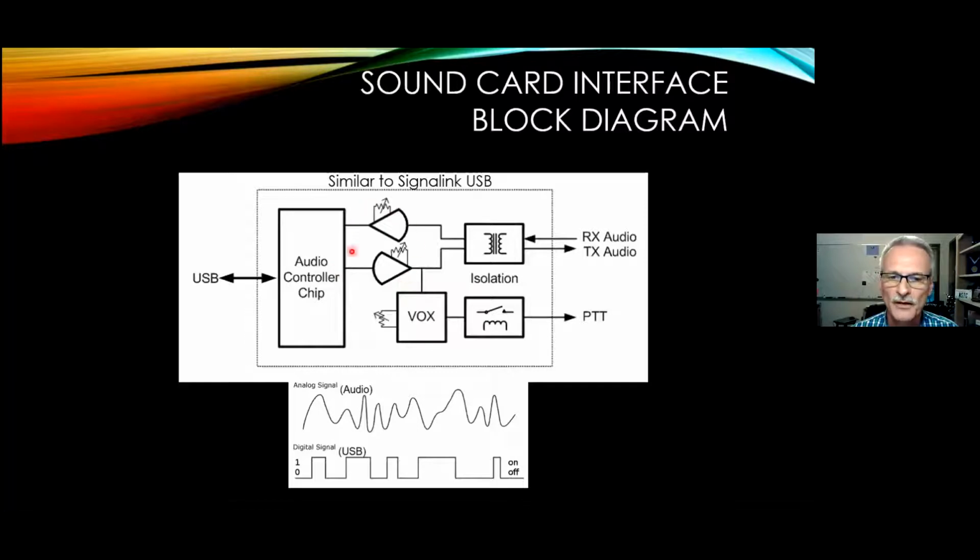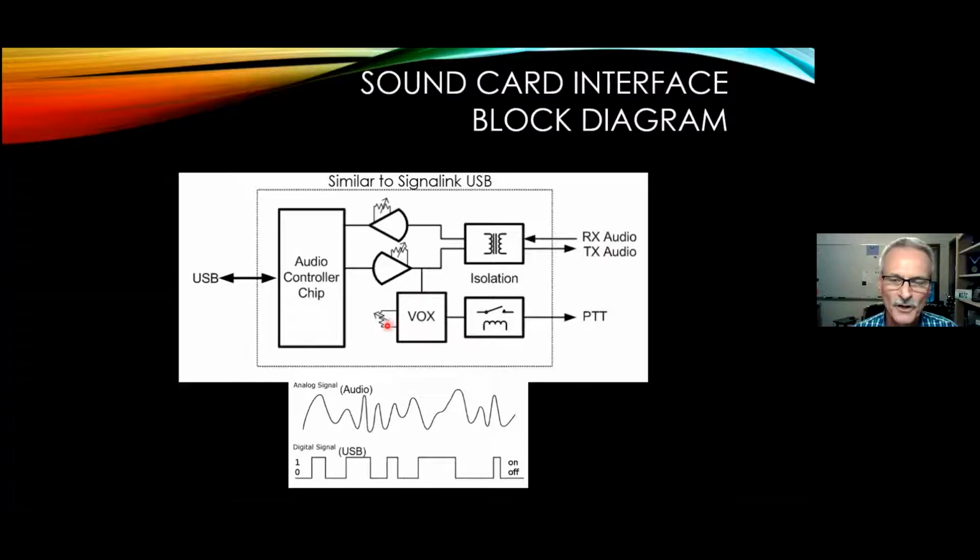We'll probably have some amplifiers out here, op amps, to amplify the signal going out or coming into the radio, possibly even with some control on there on the levels. And in the case of some of our interfaces, we'll have an isolation of the audio lines here, typically done with transformers. Okay, and then this is going to go on out to the radio's transmit audio and come in from the receive audio.